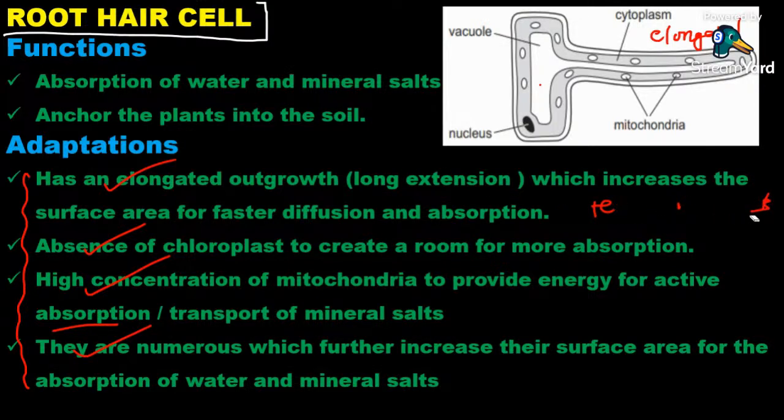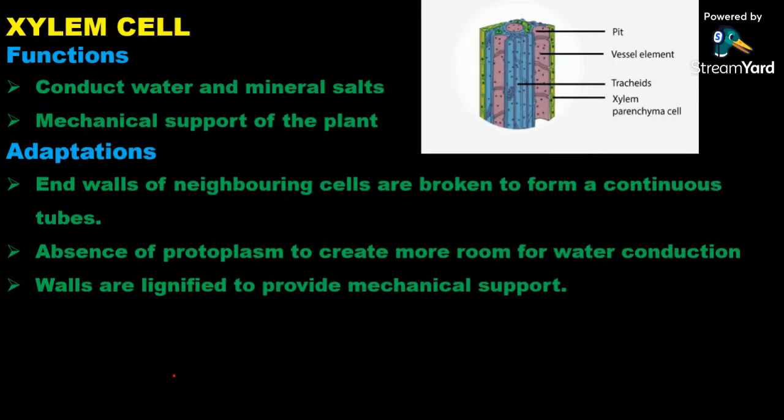So about the root hair cell, I think this is what we can look at for a moment. So we can proceed to look at the other type of specialized cell. Here now we can look at the xylem cell. Those who might be aware, I have a recording where I answered the questions on specialized cells, and this diagram is one of the diagrams that you are going to come across.